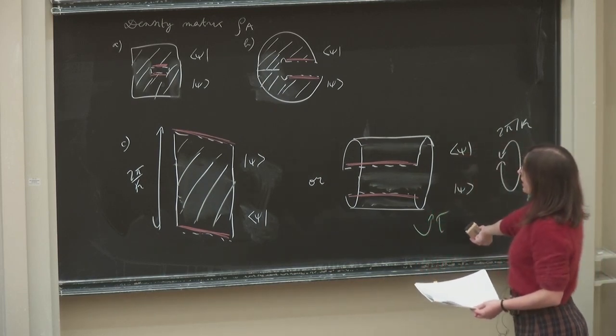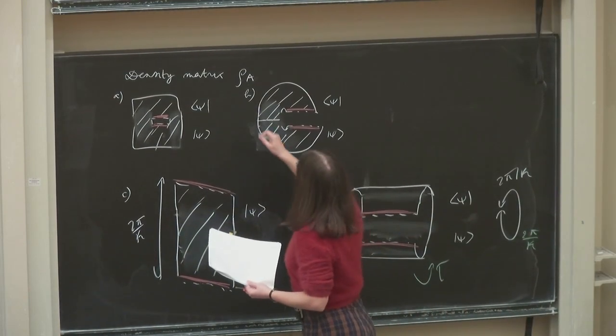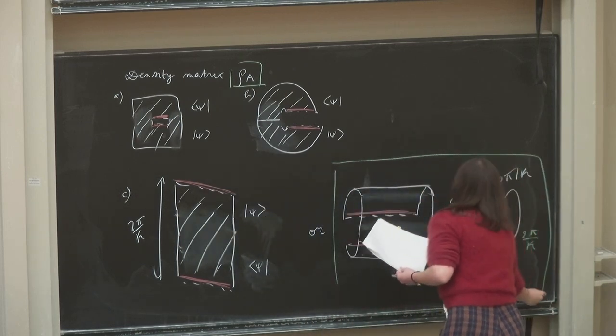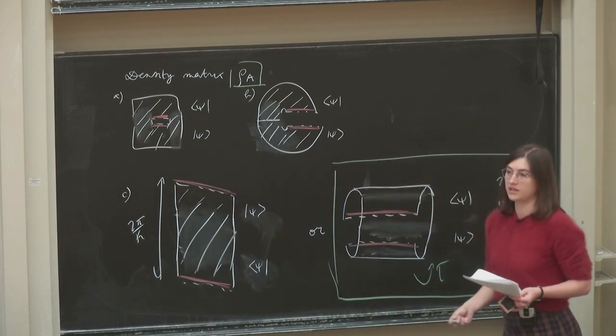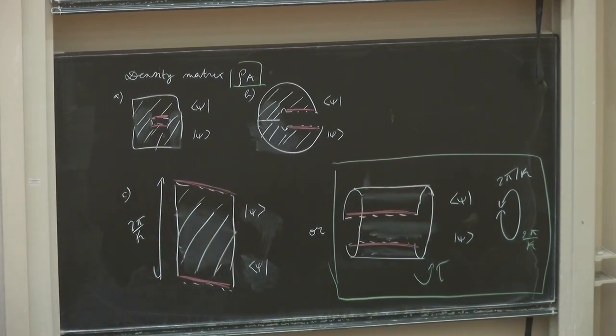So this is rho A in the cylinder picture, and this is a very useful version of the reduced density matrix, and I can explain why next time. Okay. So let me stop there, and then we can continue with these last pictures of the reduced density matrices tomorrow.